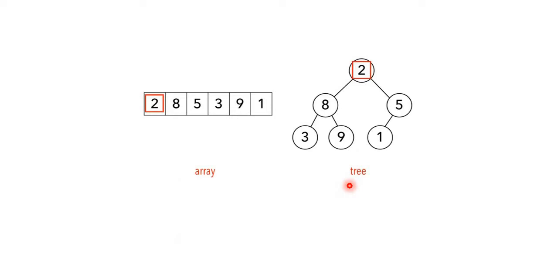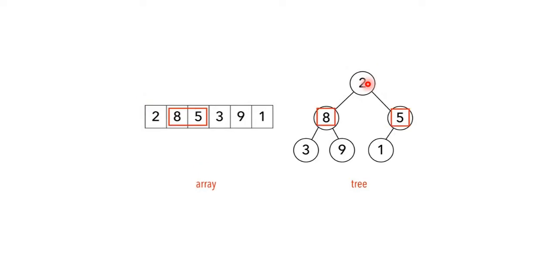We had the number 2, which is placed first. Then we have 8 and 5. By using the left and right rule, we placed 8 and 5. Then 3 and 9, and then 1 is placed. If you know how trees are made, you will know how we picked up these terms and placed them.